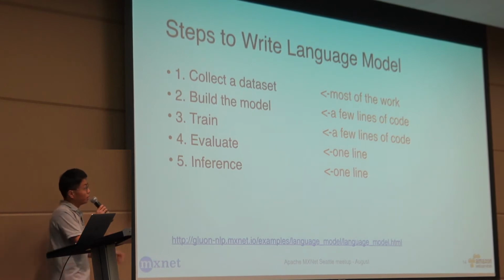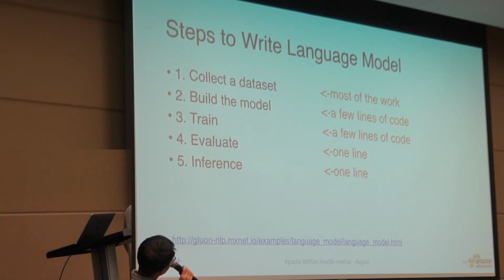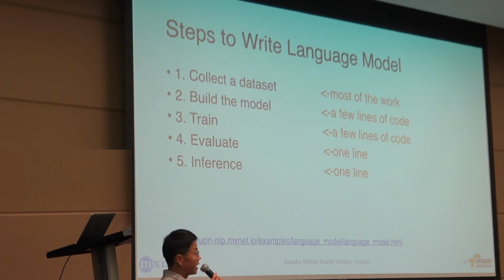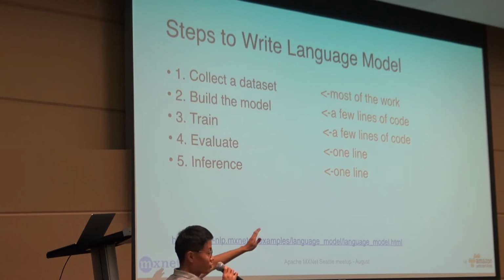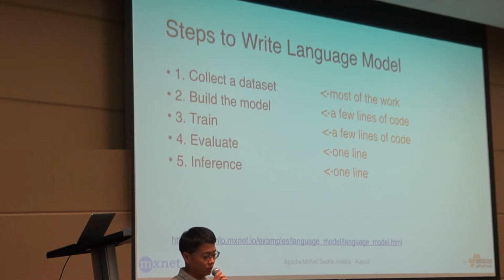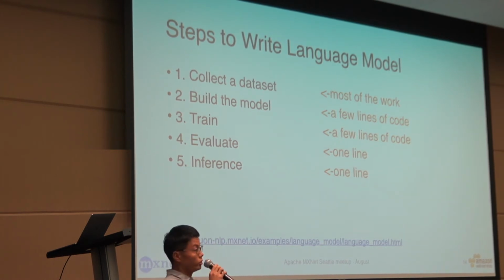So how to write a language model in GluonNLP is pretty easy. The first step is basically to collect the dataset. This is actually what most of your time will be spent on. Normally people in the learning community or the NLP community pay too much attention to modeling, how to write their own model, but that's not the reality.